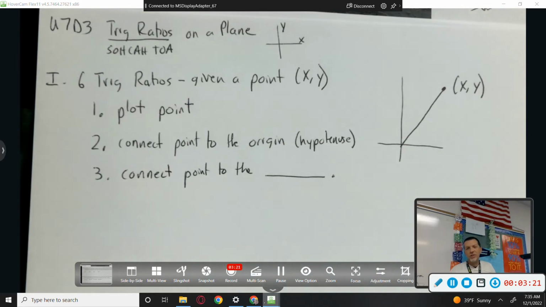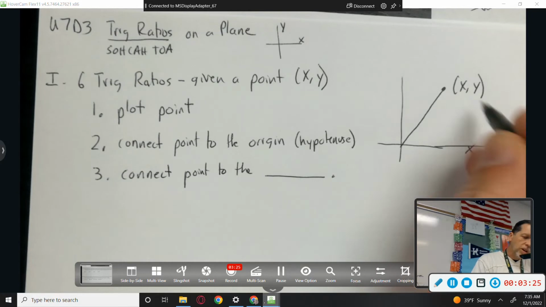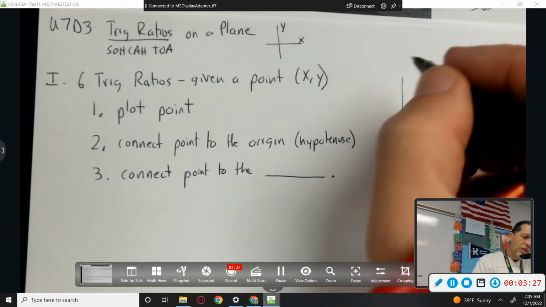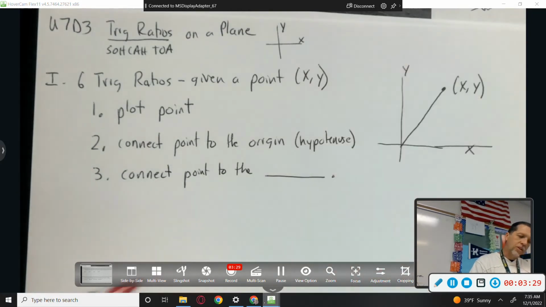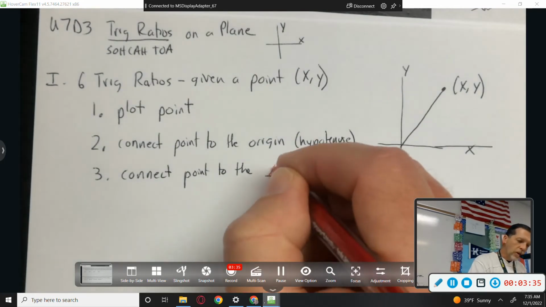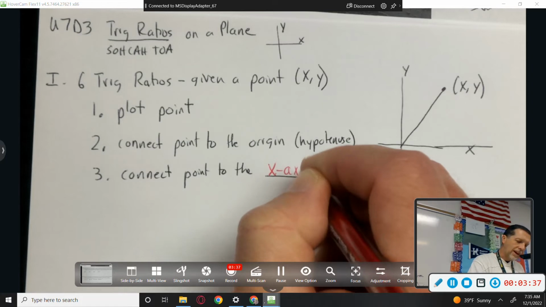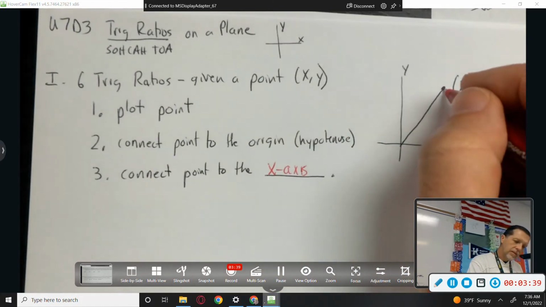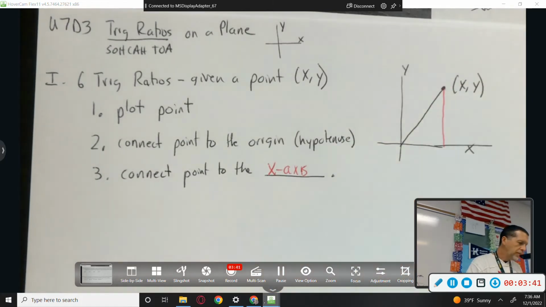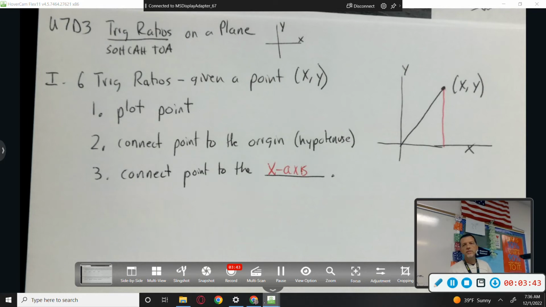It's not tricky, you just got to know which way to go, because you could connect that to the x-axis and make a triangle, or you could connect it to the y-axis and make a triangle. But only one of them is correct. You're always, always, always going to connect it to the x-axis. And that will make our triangle.